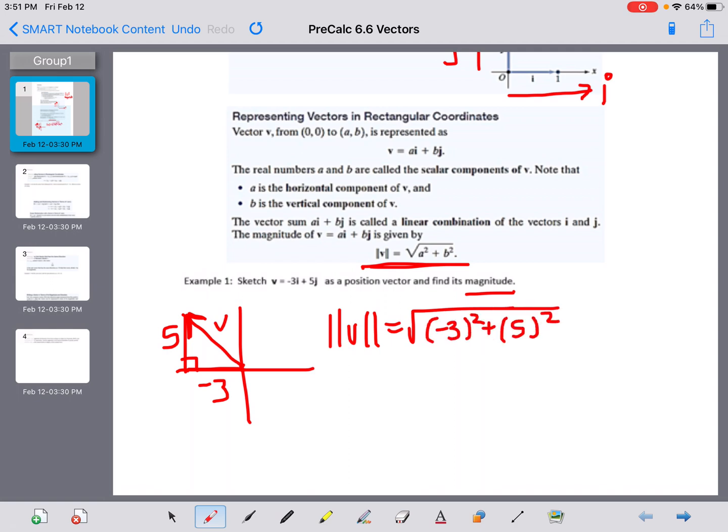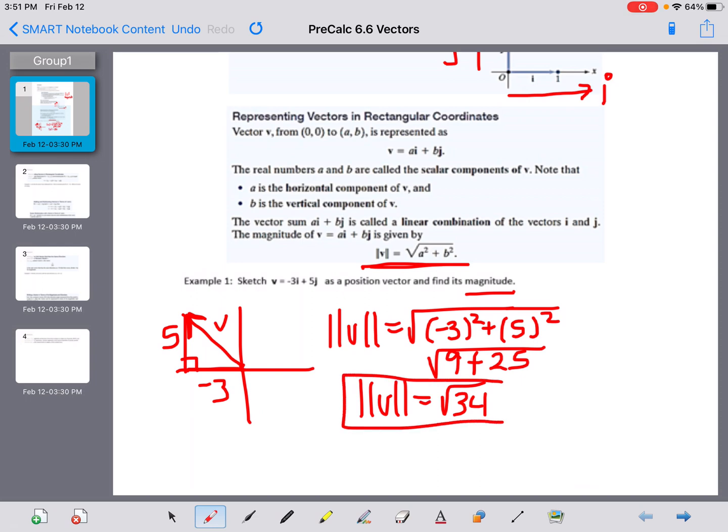This math should look very familiar to what we've already done this chapter. Negative 3 squared is 9, 5 squared is 25. 9 plus 25 is the square root of 34. If it simplifies, simplify it. If not, leave it. There's my magnitude for this particular vector. Magnitude looks like our r. That's one of the key things to remember.